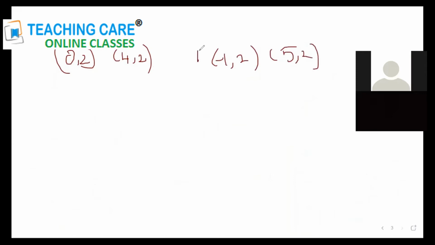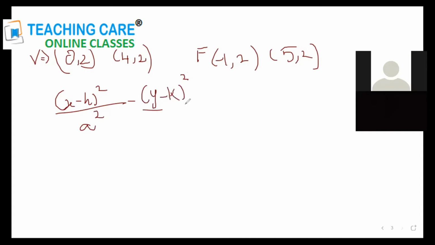This is about the vertices, and you have to use the vertices to find the values of h and k. Now the equation is going to be x minus h the whole squared over a squared, minus y minus k the whole squared over b squared, equals 1.